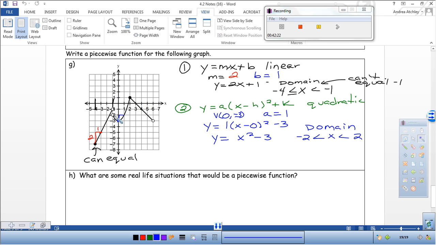Okay, so it's in between -2 for x and 2, so from here to here. On the -2, can it equal the -2? Does that open circle mean I can equal it? No, I cannot equal it, so don't put a line underneath it. Okay, on the 2, can I equal that 2? Yes, it is a closed circle, so I can equal it. Any questions over that? Brandon, are you with me? Okay, good, write it down.